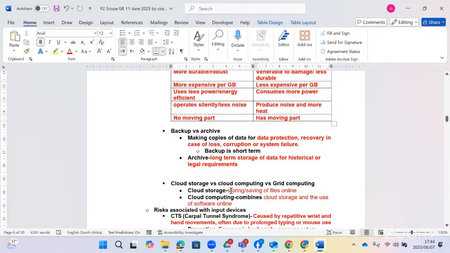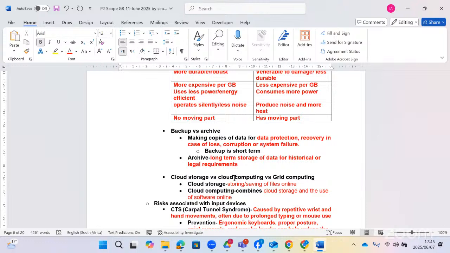Backup, making copies of data. Why do we make backup? To recover in case of loss, corruption of files, or system failure. They can ask you this question: what is the purpose of making backup? And what is the difference between backup and archive? Archive is a long-term storage of data for historical or legal requirements.